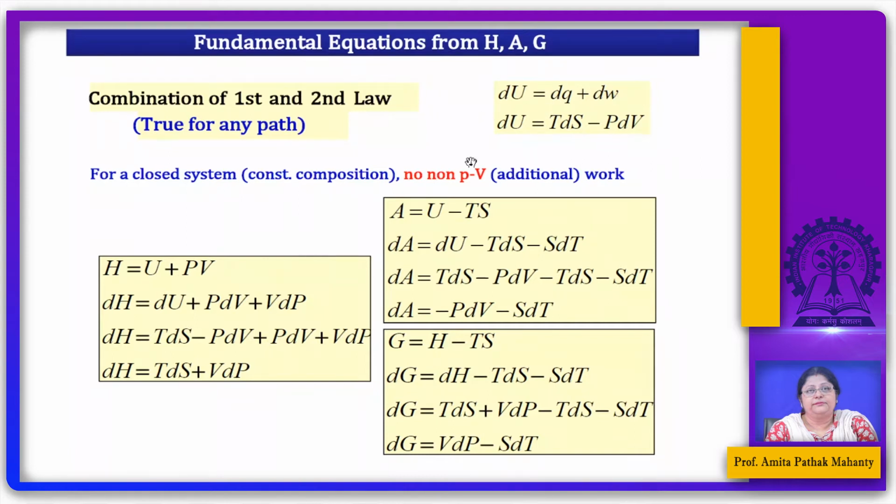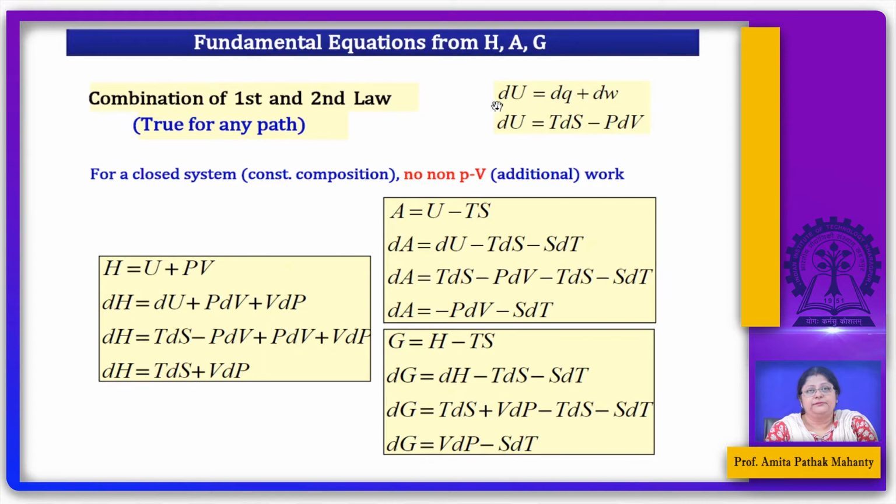This is going to be the new term which we are going to have: delta U equal to T delta S minus PdV, and T delta S is coming from Q being replaced by Q reversible. So this is the combination of the first law and second law.